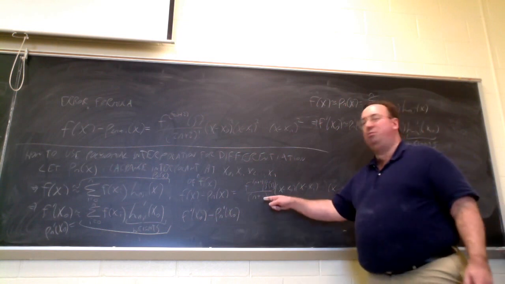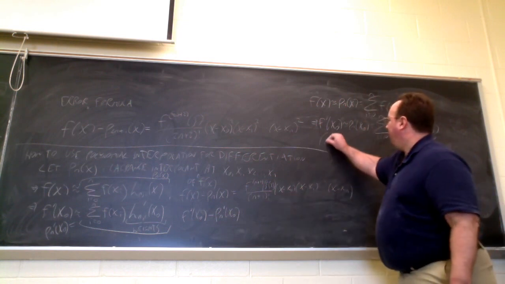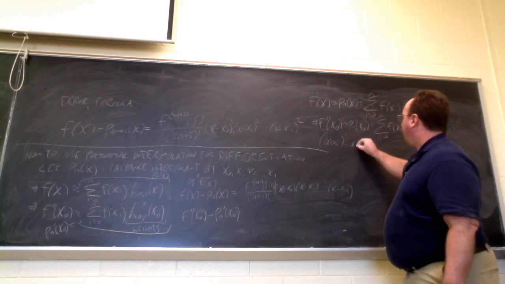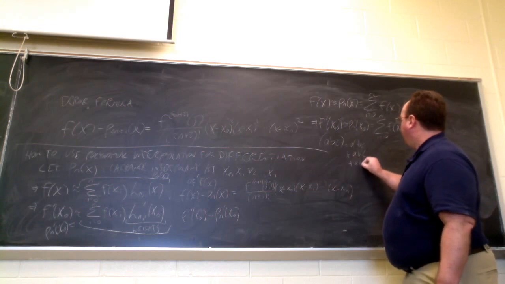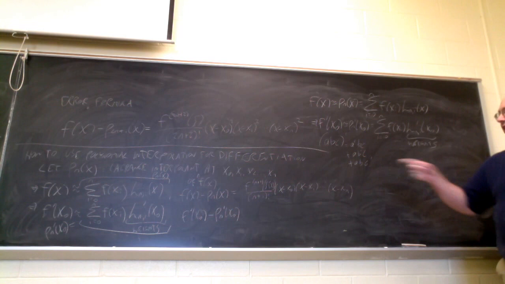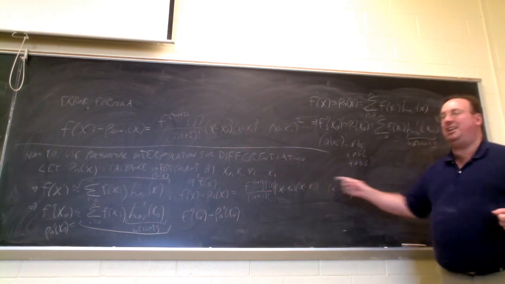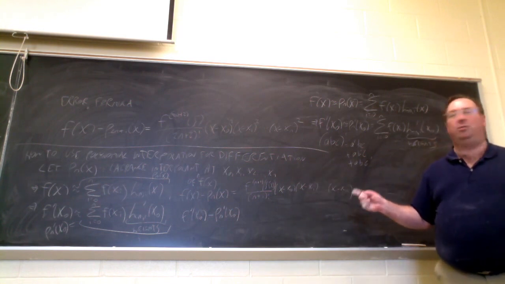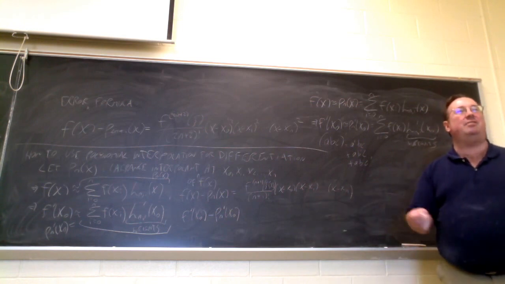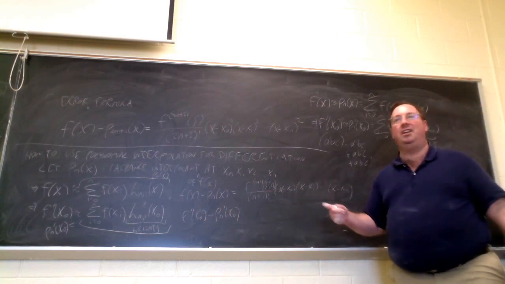Like if I have three factors, I get A prime BC plus AB prime C plus ABC prime. Basically the product rule takes a whack at each one of these factors. So when it whacks x minus x naught, that's the term that's going to stick around, because you differentiate this and you get 1.